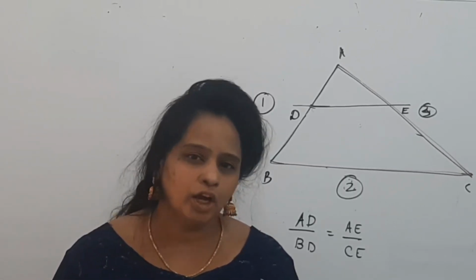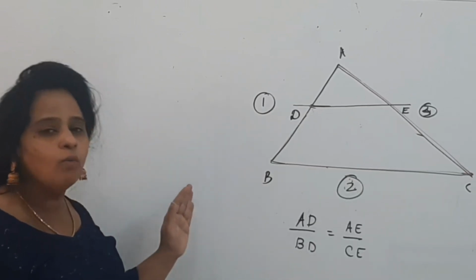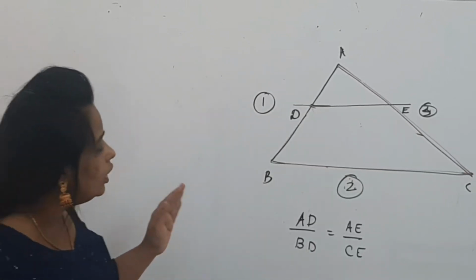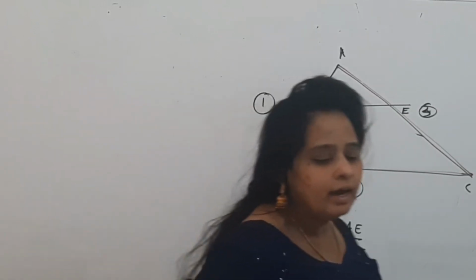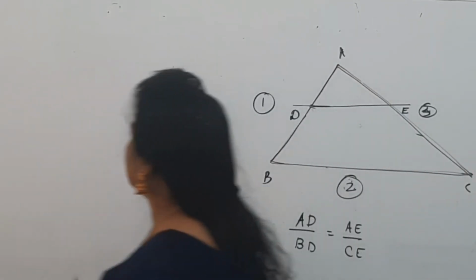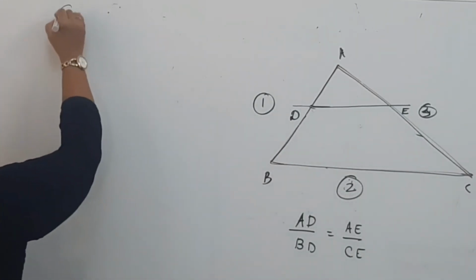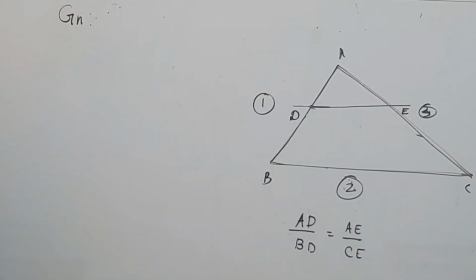This is also one of the geometry chapters, so I have to write in steps. So what are the steps? The first step is what is given. That is what I have to write.